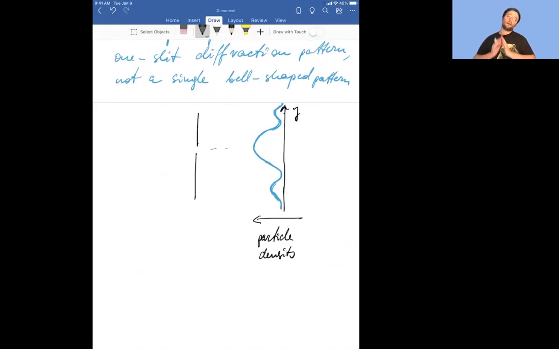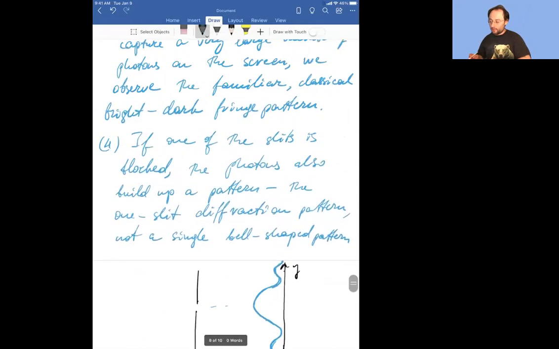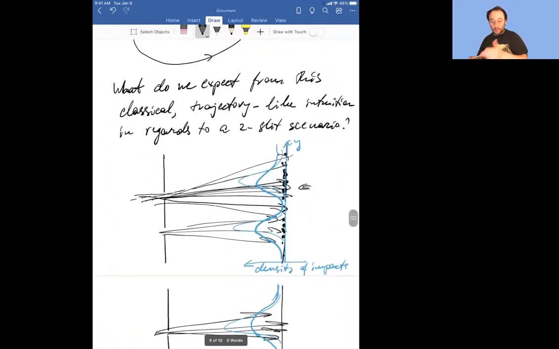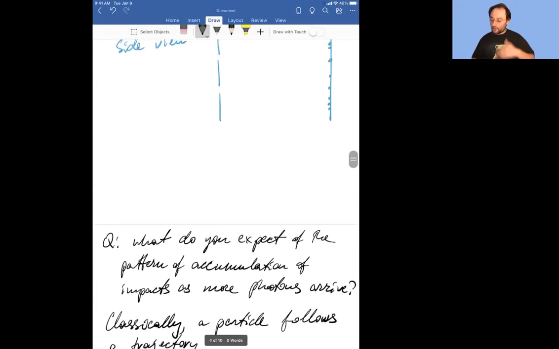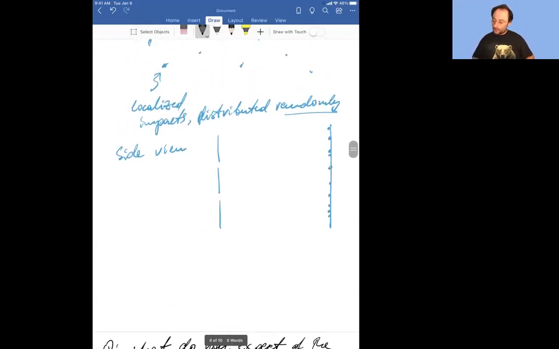I think at this point it would not be hard for you to accept that these are clearly particle-like entities, because we already have that evidence from the photoelectric effect, from Compton scattering and others.